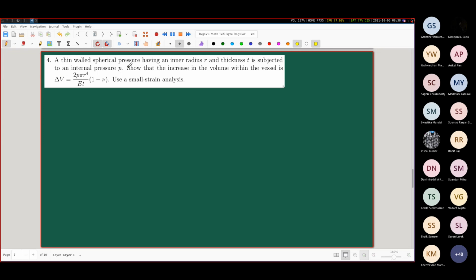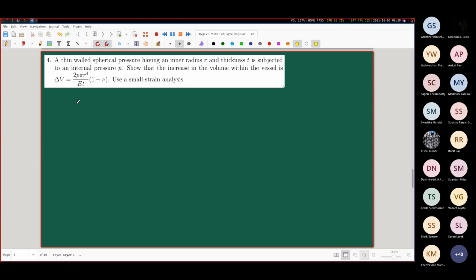So a thin-walled spherical pressure vessel having an inner radius of R and thickness T is subjected to an internal pressure P. Show that the increase in the volume within the vessel is this thing. So they are asking about the change in the volume, and use a small strain analysis. It's a very general theoretical kind of problem.